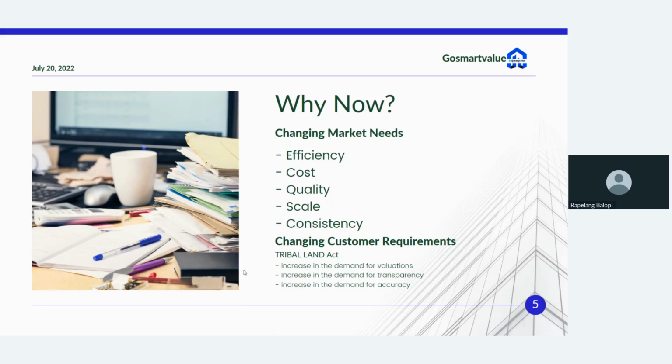As such, there will be a need for processing, a higher demand for valuations, a higher demand for transparency within that space, and a higher demand for accuracy, which is now what customers are looking for.